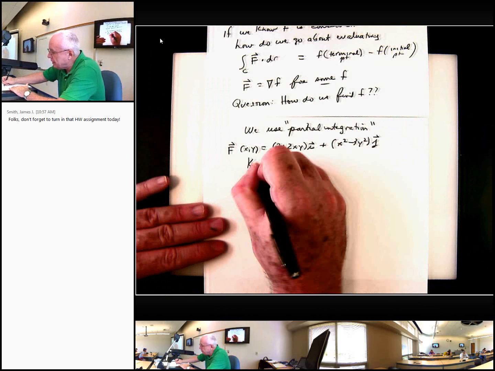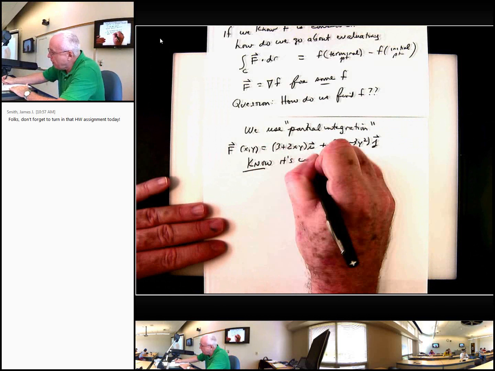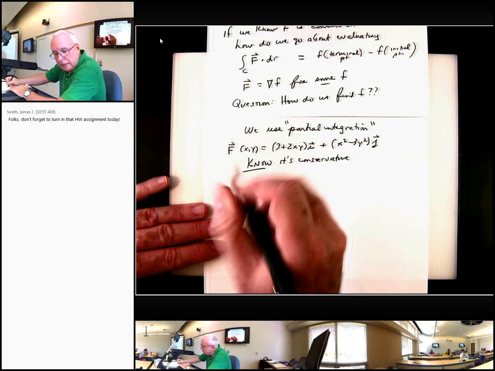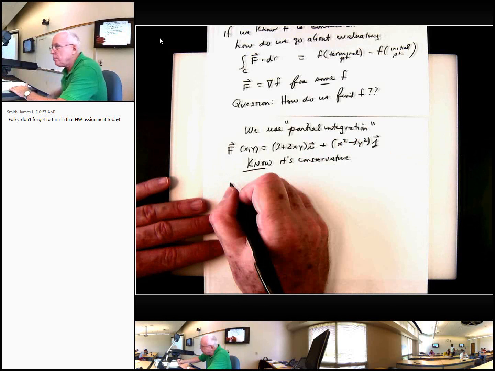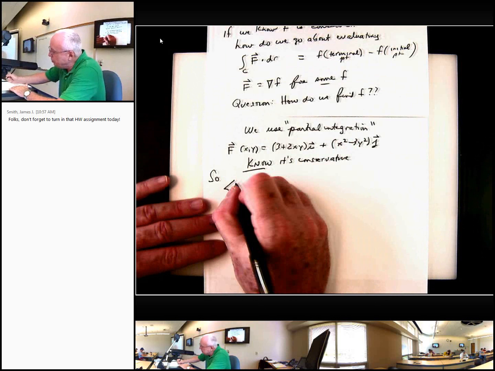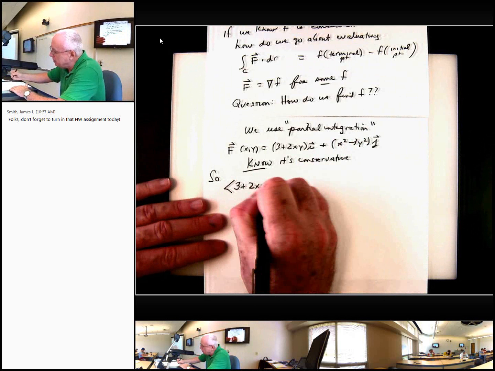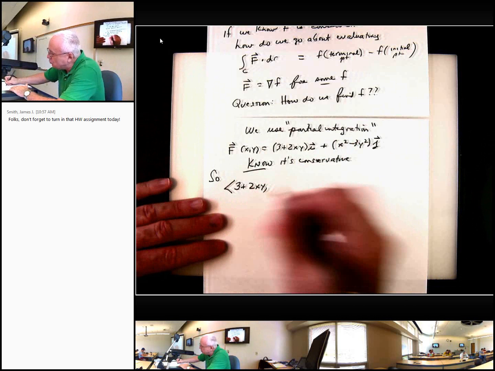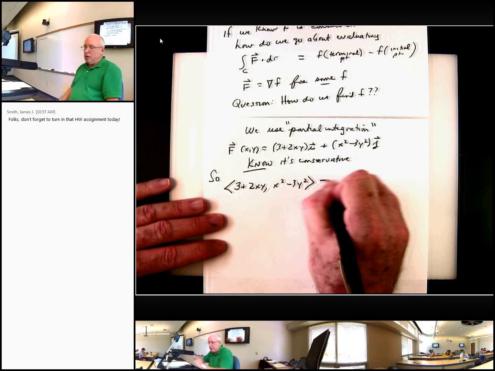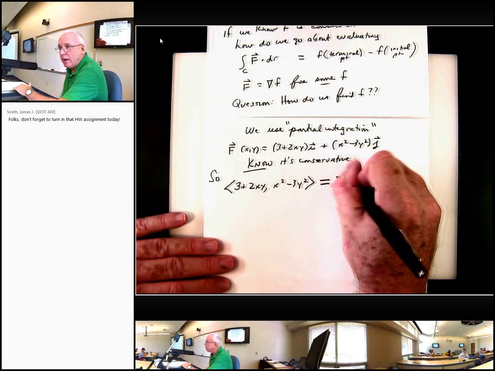We figured that out. So therefore, let me use the bracket notation. The first component of this vector field is 3 plus 2xy, comma, the second component is x squared minus 3y squared. So this thing equals the gradient of f for some f.